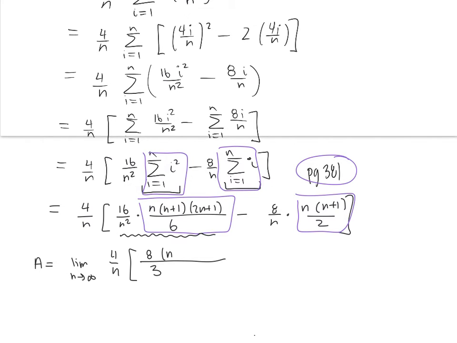So that'll be n plus 1, 2n plus 1 in the numerator, and the denominator will just be a single n now, right? How about in the second one? Can anything cancel? The 8 and the 2, so it'd be 4, and how about anything else? The n's. Yep, so 4 times n plus 1, is that all? I think that's it.